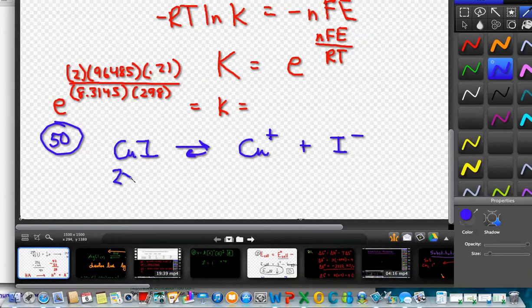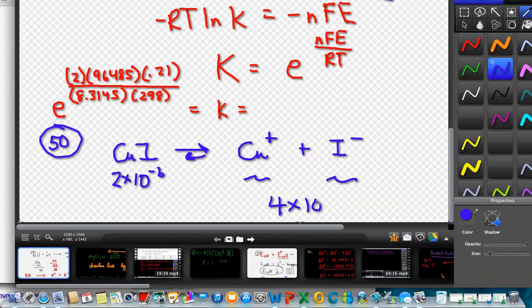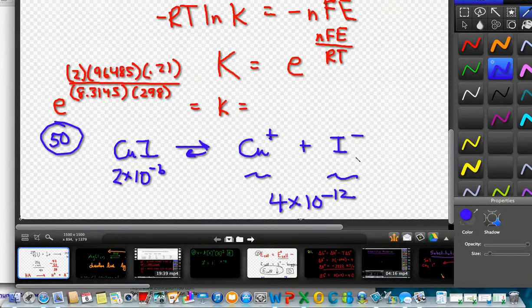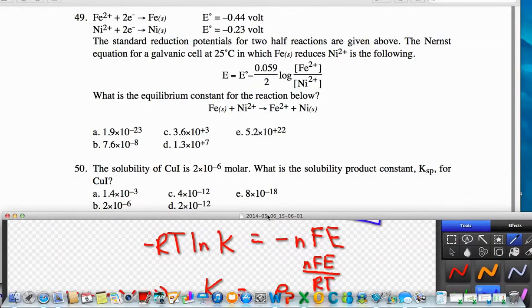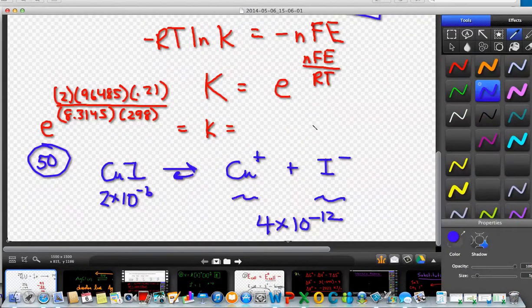If this is 2 times 10 to the minus 6, then so are these. And so I just need to square that value. That'll be 4 times 10 to the minus 12. So number 50, the credited response, is also C. And that concludes the mock test solutions for the second semester exam 3.